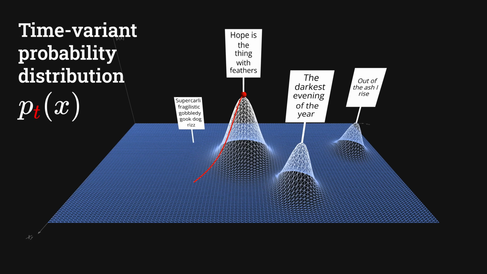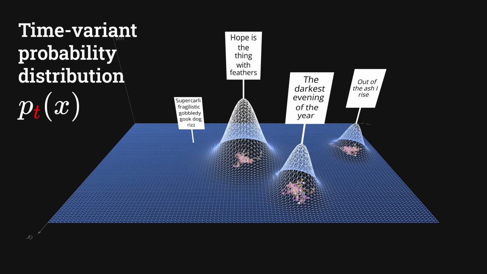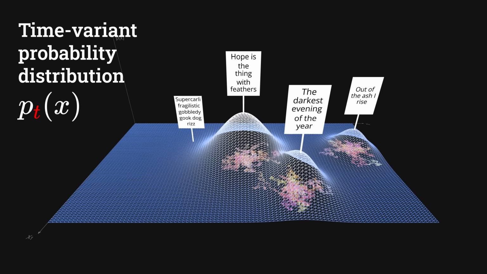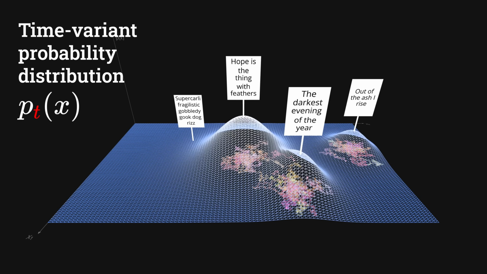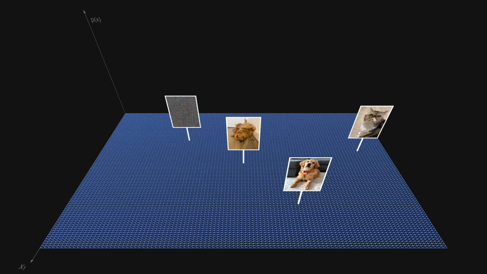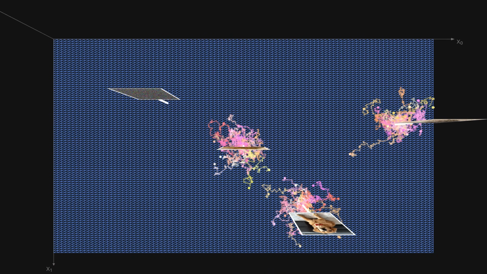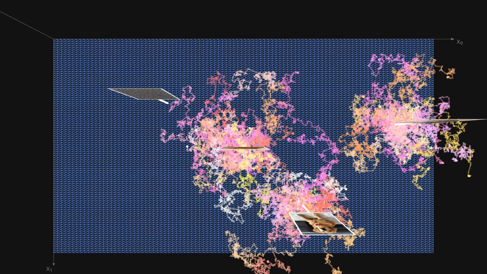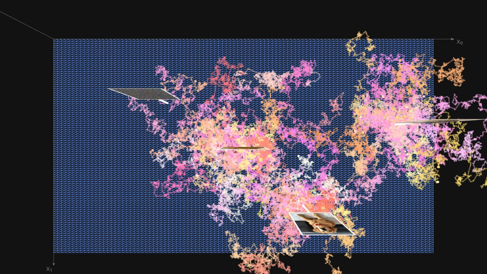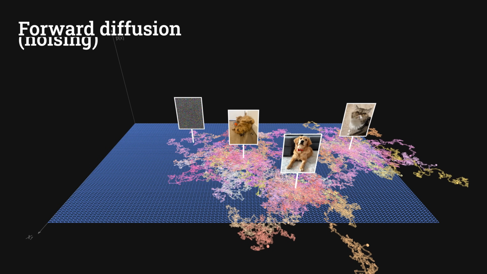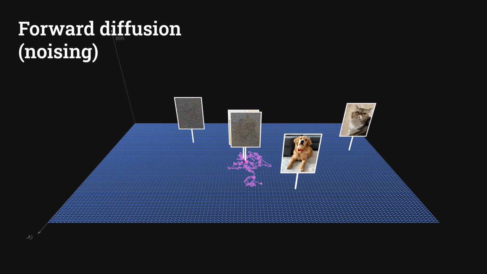This quantity is what we're trying to learn, and diffusion models simulate it using a cluster of diffusing particles. More exactly, simulating particles that diffuse away from real images is a way of producing training data. This process is called forward diffusion or noising. That's because a forward path takes the particle from real data to noise.